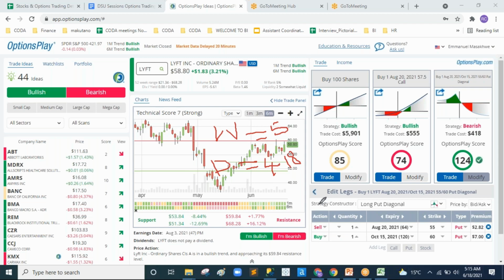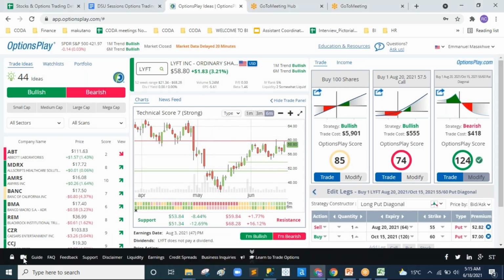Is it the same thing that Chris was saying when you click on the arrow down there on the options play? Yes, you can check from this end, like if you check the credit spreads.